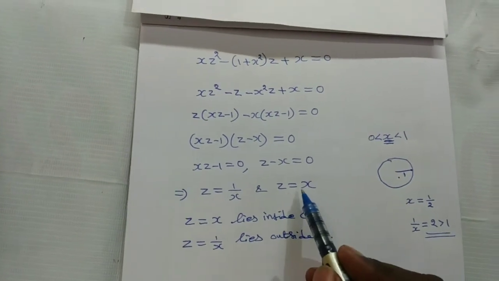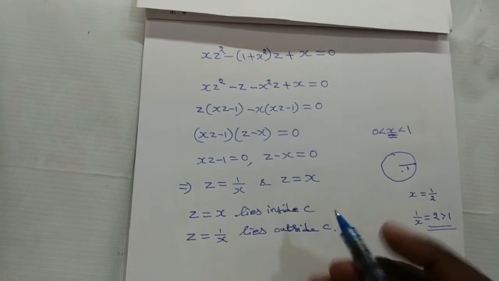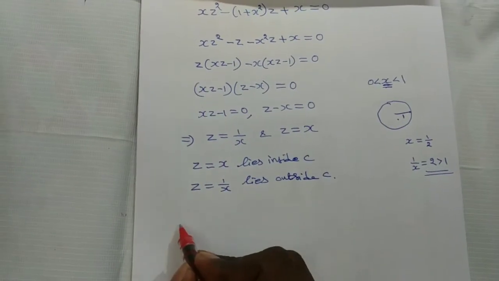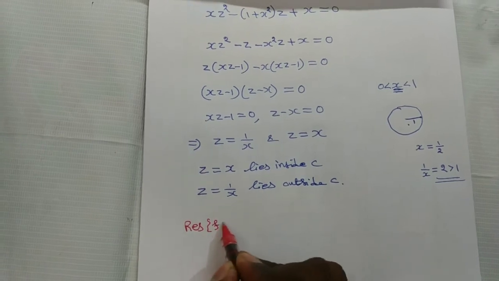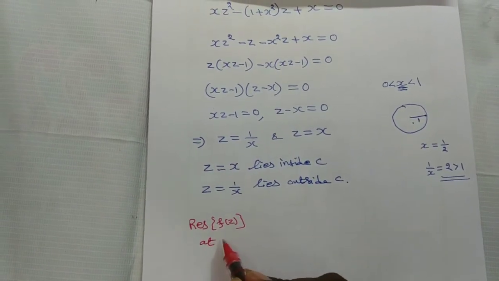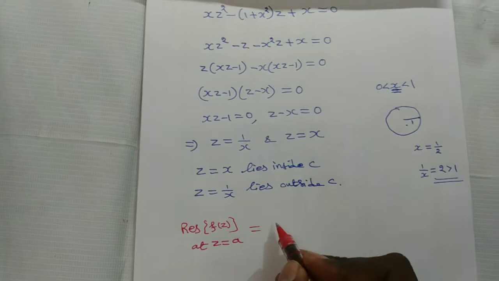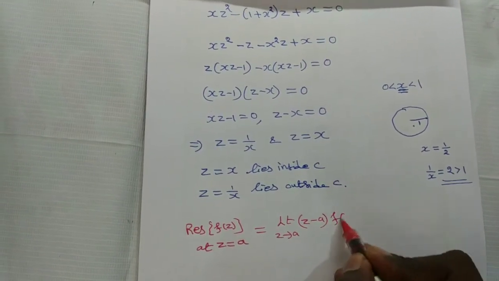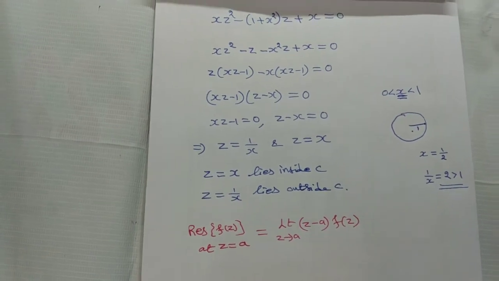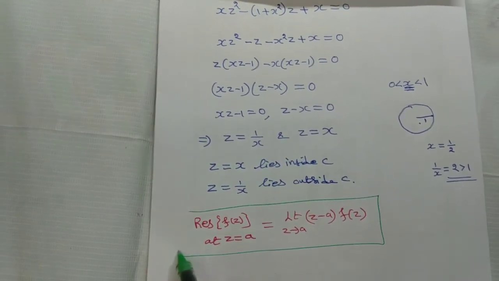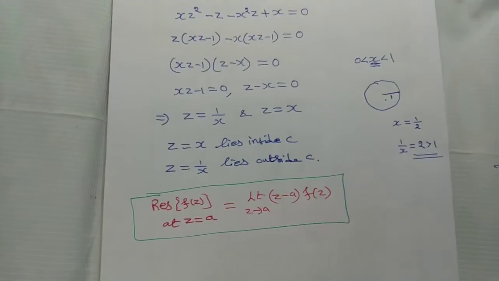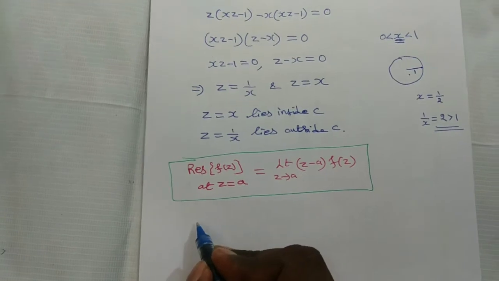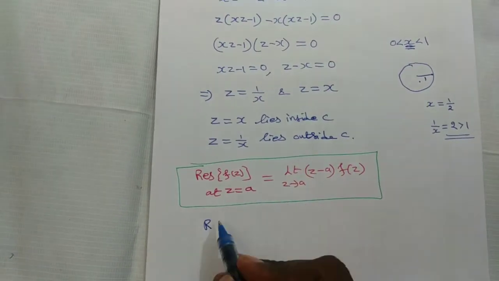Only one pole lies inside the circle C, so I am going to find the residue for that pole. What is the formula for residue? Residue of f(z) at z = a is the limit as z tends to a of (z − a) f(z). This is the formula for the residue at a simple pole z = a. Here z = x lies inside C, so I am going to find the residue at z = x.